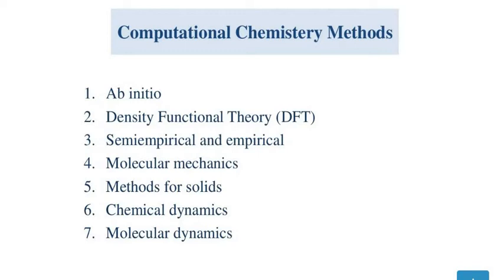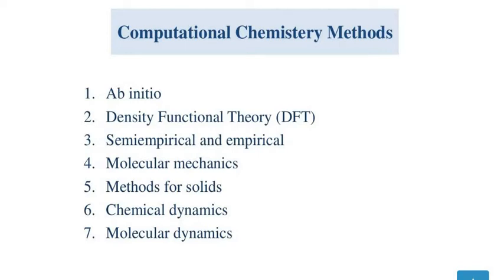Now, my friends, computational chemistry methods. These are methods. I am going to read them one by one. You have to think about it. First, ab initio, and you have to learn about it. What does it mean?